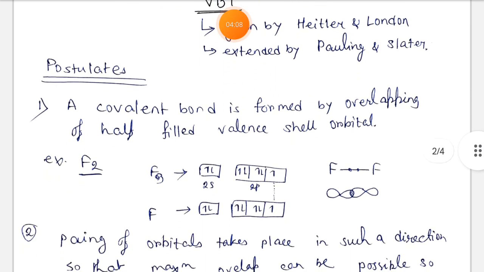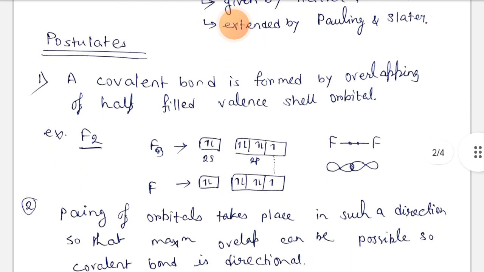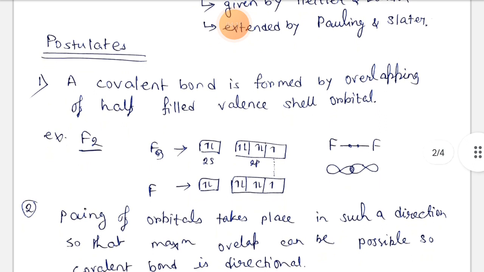Next, postulates. At first, a covalent bond is formed by overlapping of half-filled valence shell orbitals. What is the meaning of this? If you take an example, F2, the fluorine molecule, two fluorine atoms are bonded to each other.